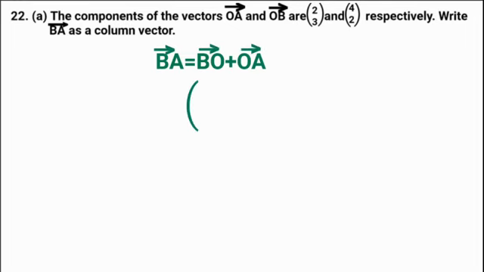Once we have done this, the next thing we're going to do is open a bracket. Now let's focus on the column vector that I've circled there, which is (4, 2).